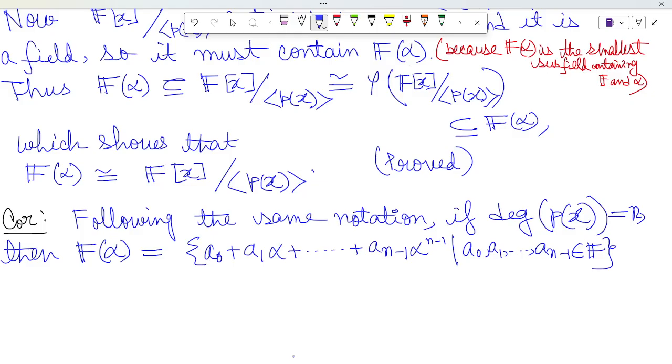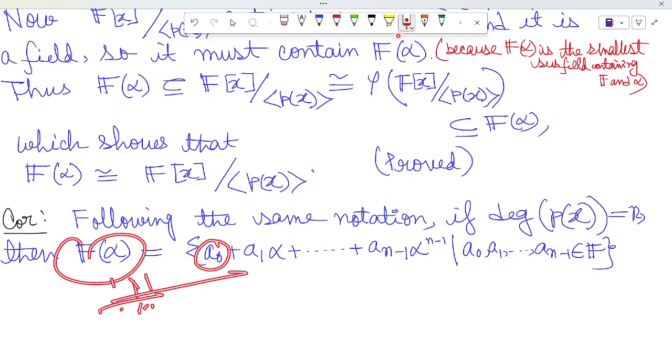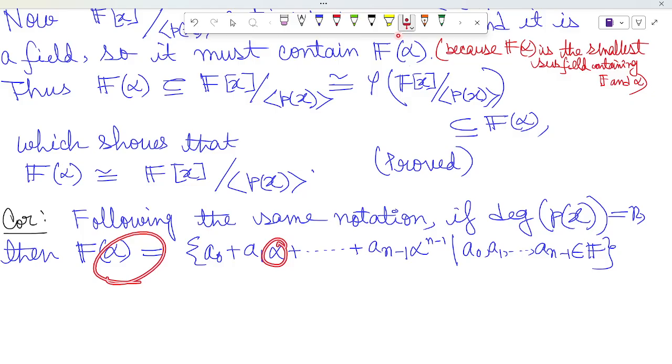Because see, the importance of this is that F(alpha) is a quotient of two things: above there is a polynomial in alpha, and below there is a polynomial in alpha. This result says that only the numerator will be a polynomial in alpha.